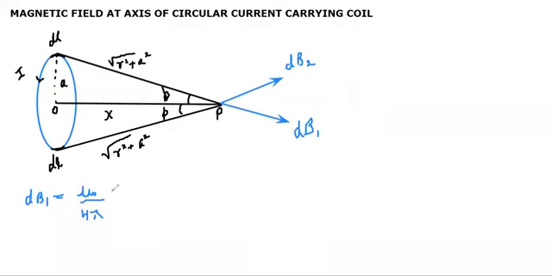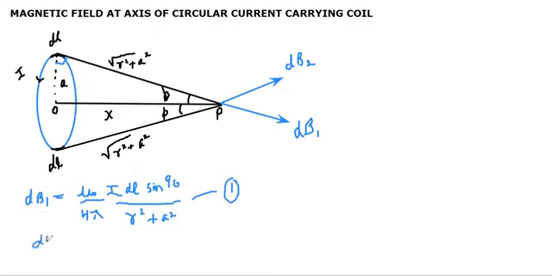So mu naught by 4 pi, I, length is dl, sine theta. Now what is theta here? If you see, the angle here would be 90 degrees, sine 90 by r square. Now r is the distance between this length element and point P. That is under root r square plus a square. So r square, this square root would be removed. This is your first equation, or I say the value of db1.